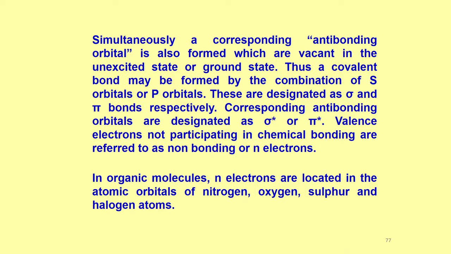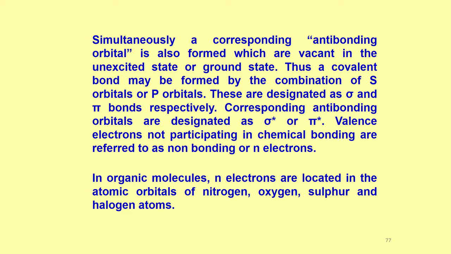It may be occupied or need not be occupied, depending upon the state of the atom, but it is there all the time. Anti-bonding orbitals are usually vacant in the unexcited state or the ground state.